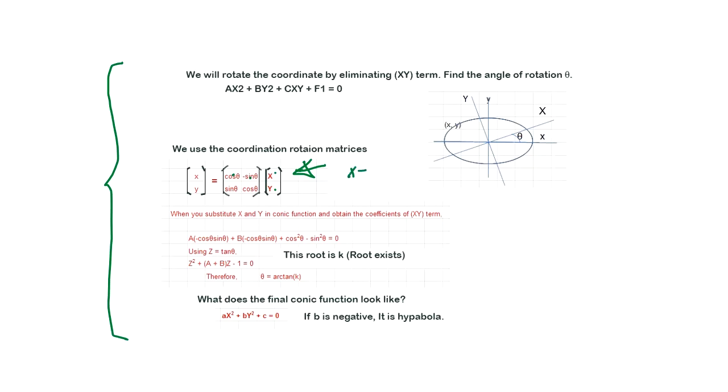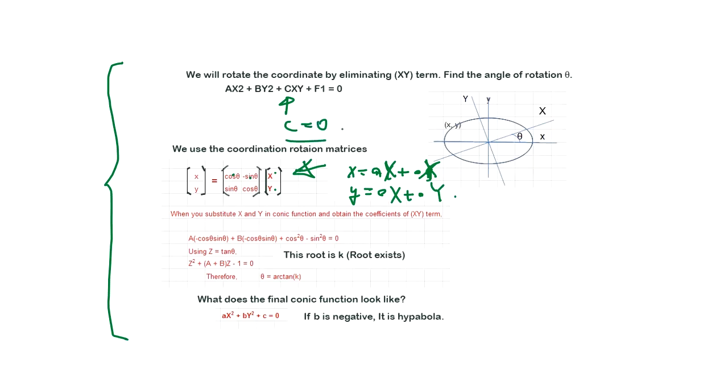So basically some trigonometry. Okay, so you plug this into the general form of the equation, then you try to find the theta to make this term, C, zero.